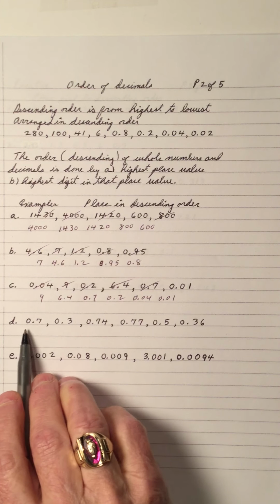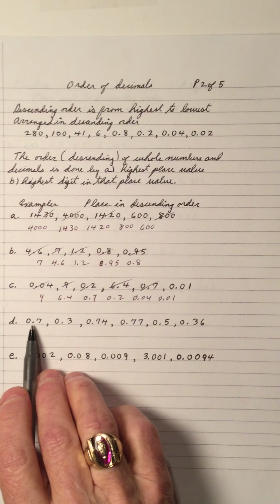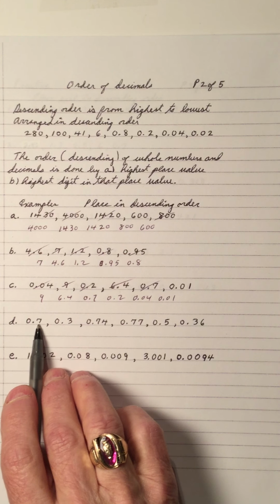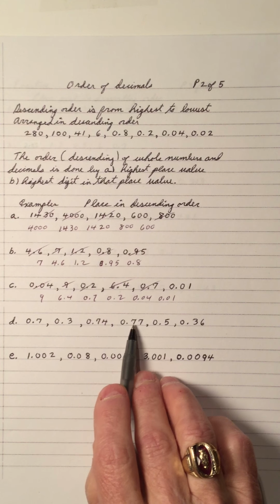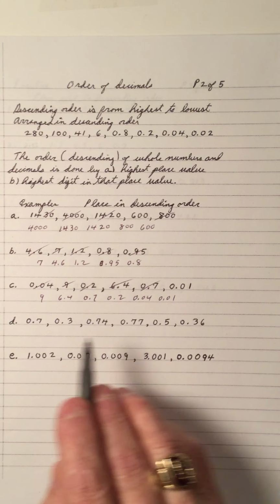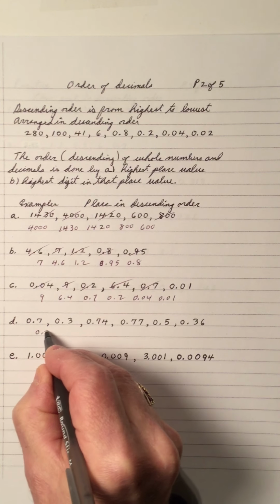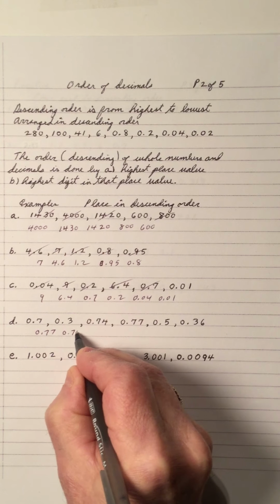D, let's see, we have a 0, 0, no ones. We have to look at the tenths. So we have decimal 7, decimal 7.4, decimal 7.7. So they're all decimal 7, 7 tenths, but decimal 7.7 is higher than decimal 7.4.